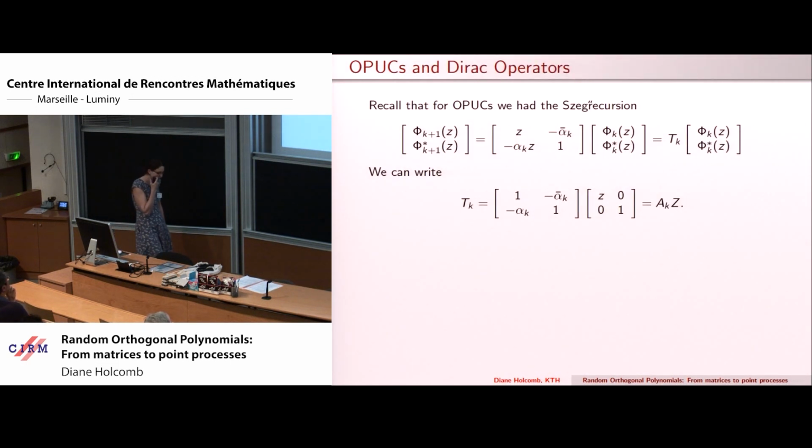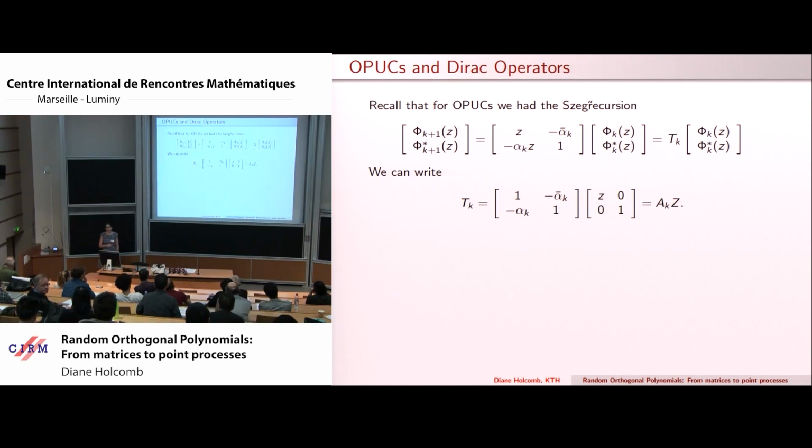So let's go back to the Szegő recursion and see what else we can do with it. This is our Szegő recursion that I mentioned before. All I'm going to do is take this T_k matrix that I have up there and split it into a matrix that depends on the alphas, which is going to be A_k, and a matrix that depends on the z, which is just going to be z.